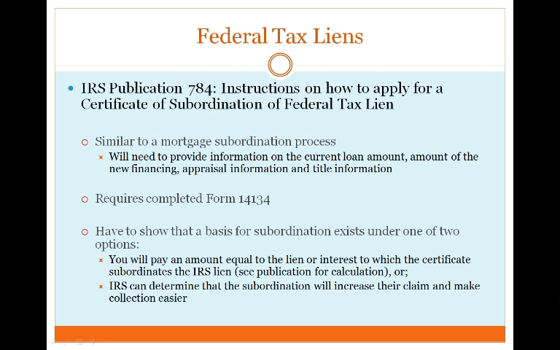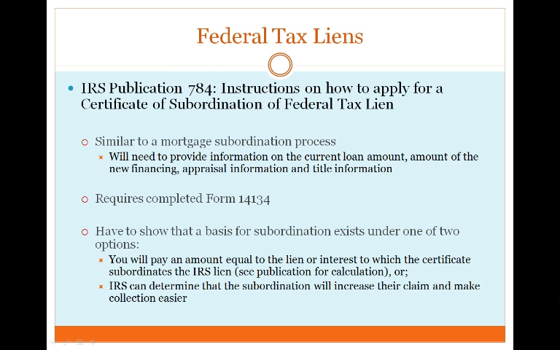Okay. All right, so with federal tax liens, as I mentioned before, oftentimes, even though they do state that they would be paid first, there are two ways really that are useful tools to try to either subordinate a federal tax lien or to actually fully withdraw the tax lien.